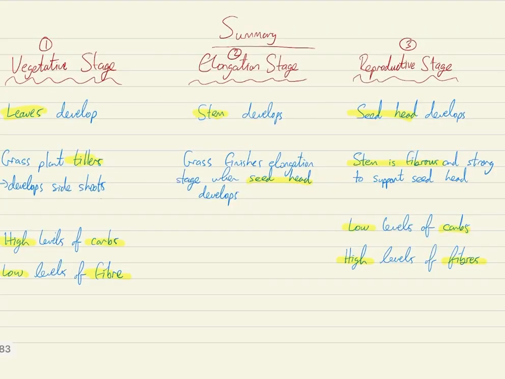So just a quick summary there of the 3 different stages of your grass growth cycle: your vegetative stage, your elongation stage, and your reproductive stage. Your vegetative stage is where your leaves are developing, your plant is producing tillers, and we have high levels of carbohydrates and low levels of fibre.